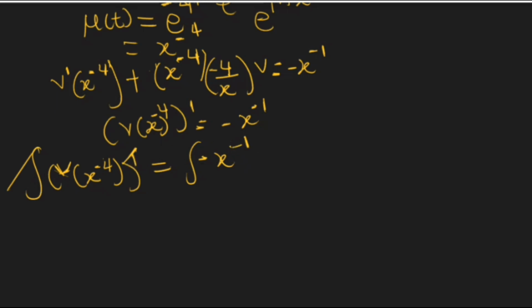Then you are going to have this negative, so we have our v multiplying x to the power negative 4. And how do we compute the integral of this side? That's going to be the problem.